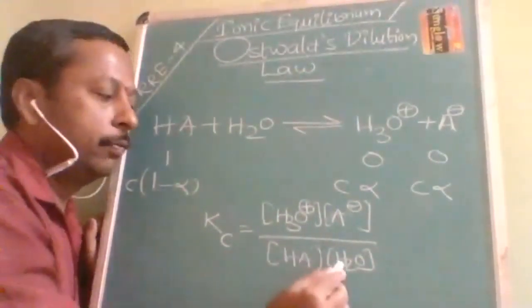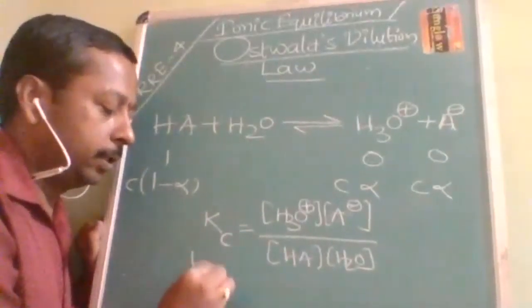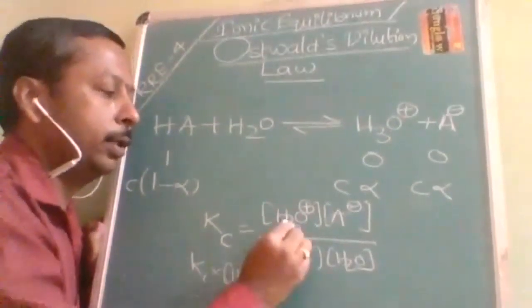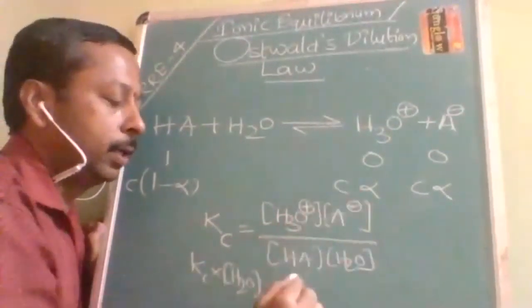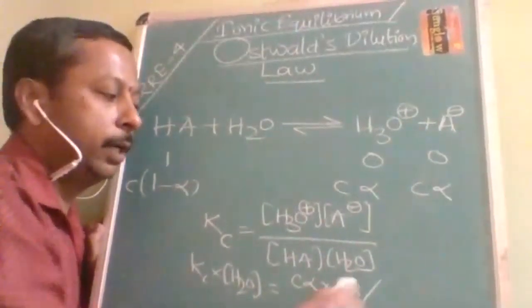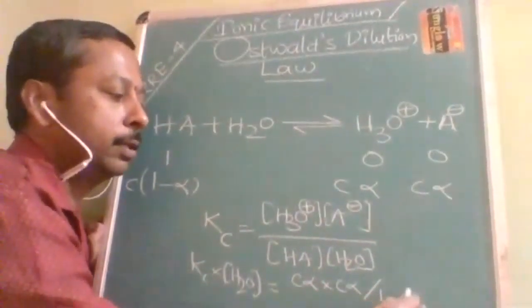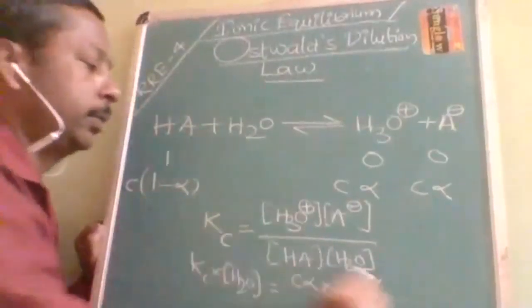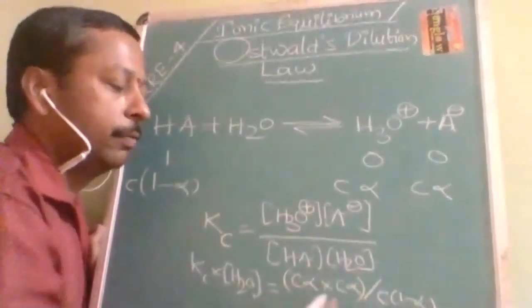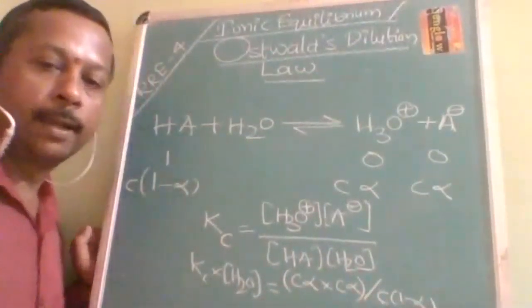But here, when you cross multiply this Kc into H2O, in the numerator I can write C alpha, and here also C alpha, divided by C into 1 minus alpha. Is it understood, students? This is for the numerator and this is for the denominator.